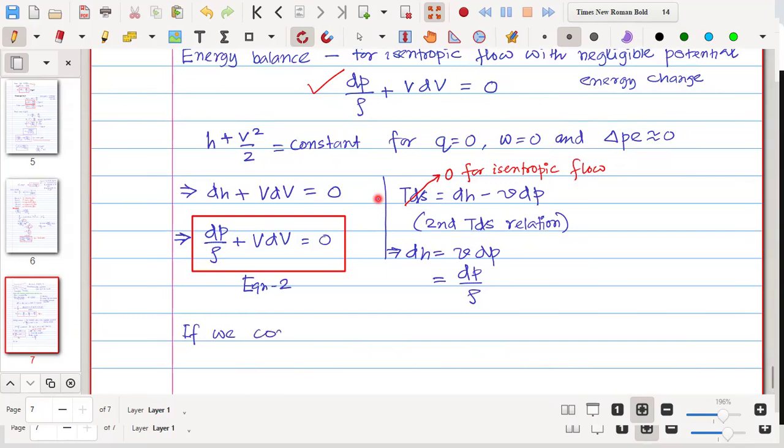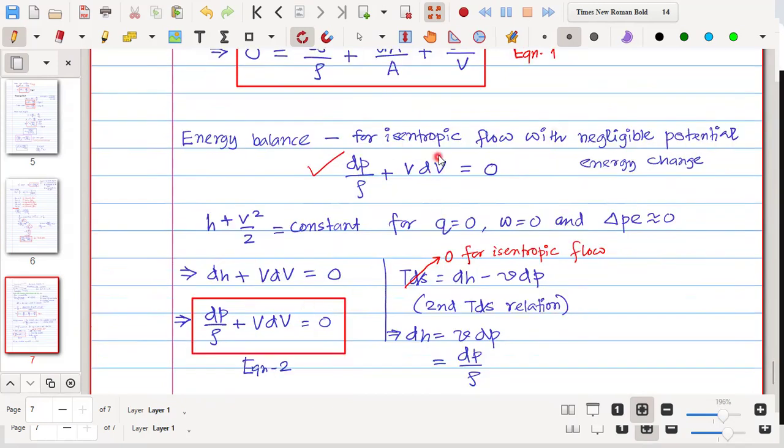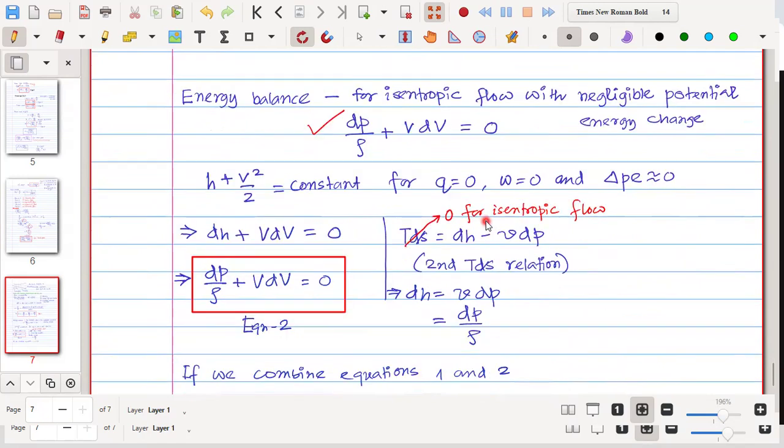If we combine equations 1 and 2, we will basically eliminate this dV term. Okay, that is we are going to do. So from this equation, we will calculate dV, and we will basically replace here. That is the thing that we will do.